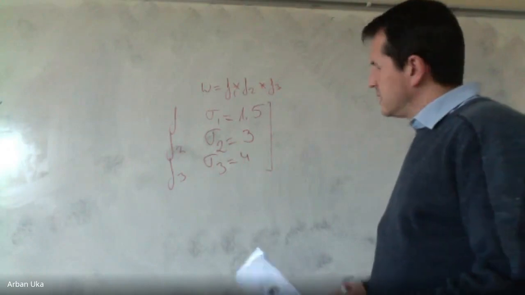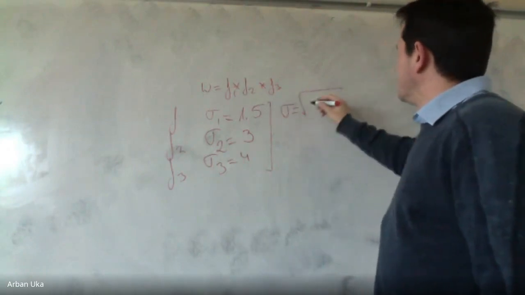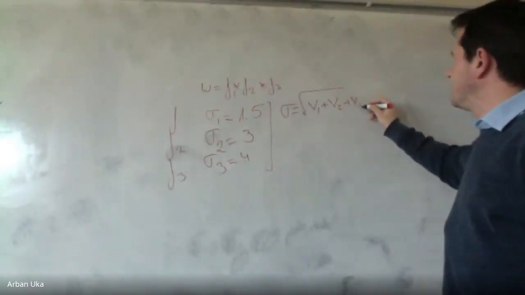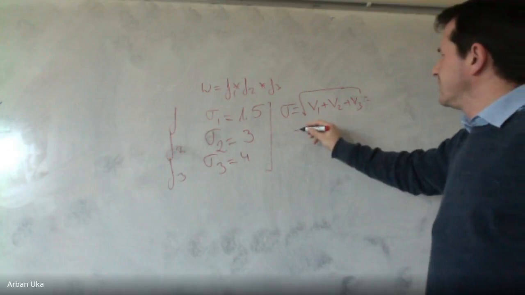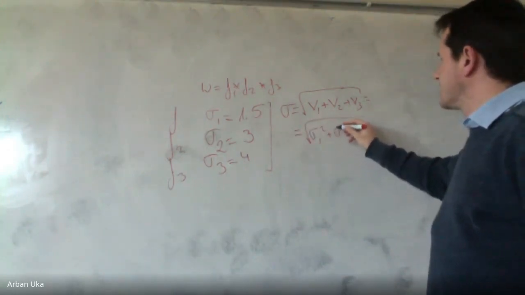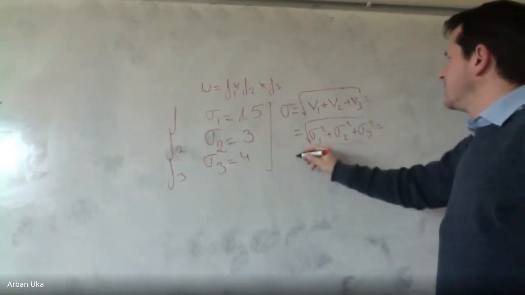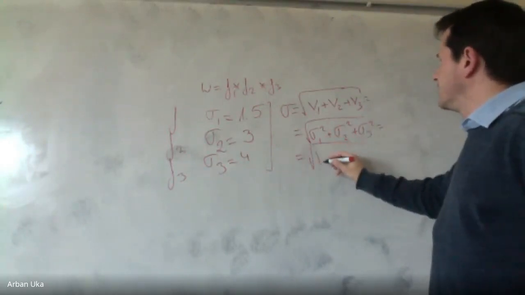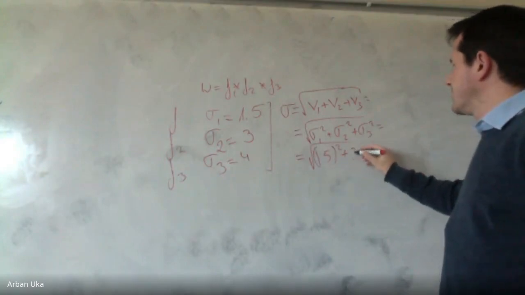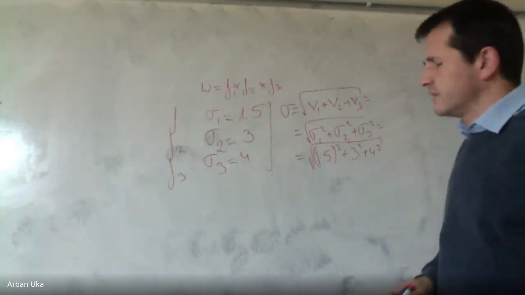But the new sigma is equal to V1 plus V2 plus V3, where these are variances actually. Okay, so this is sigma 1 squared plus sigma 2 squared plus sigma 3 squared, and these are equal to 1.5 squared plus 3 squared plus 4 squared. This is what we have.